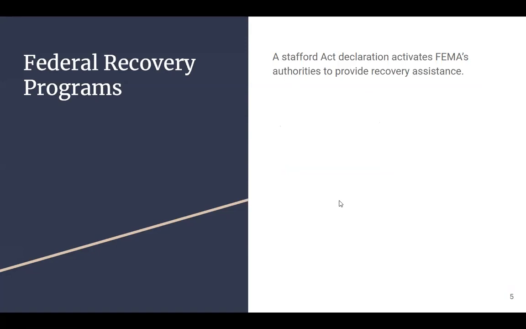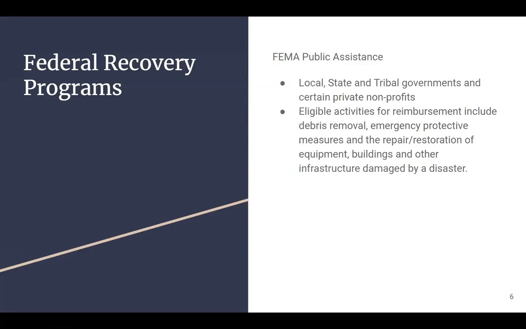Okay, we'll shift over to a few of the federal programs. Hopefully you're a little bit familiar with these, but we'll get into some different aspects on these programs. So the first one is the FEMA Public Assistance Program.